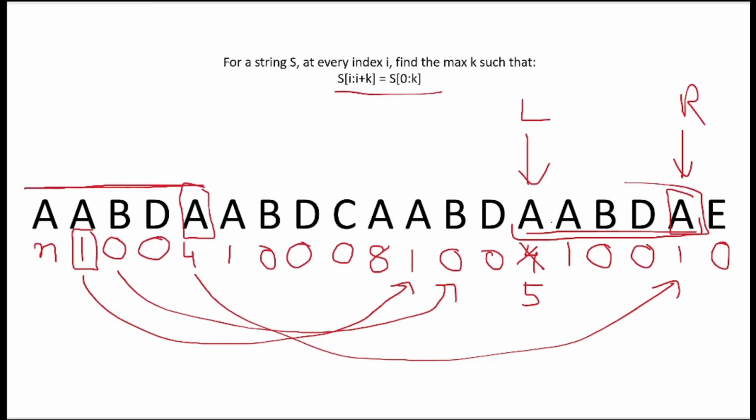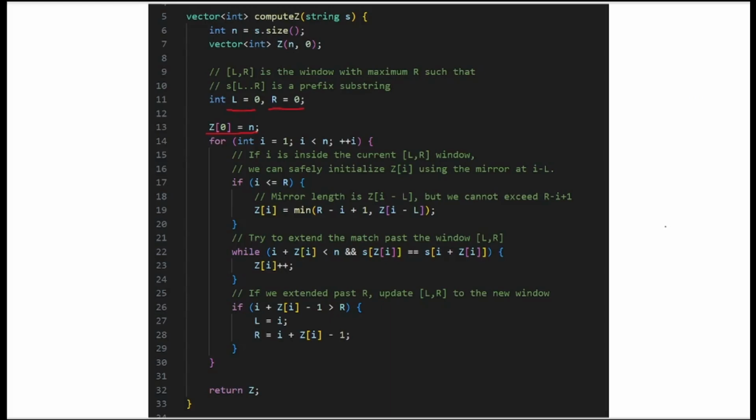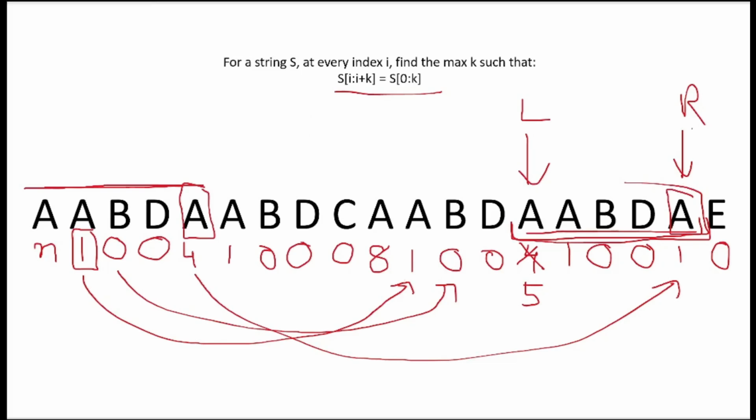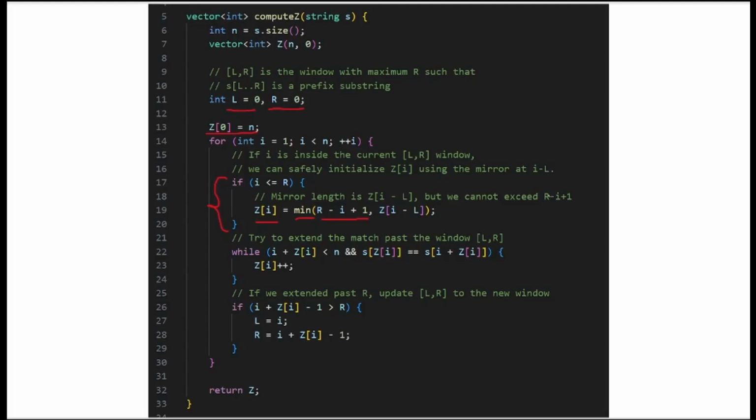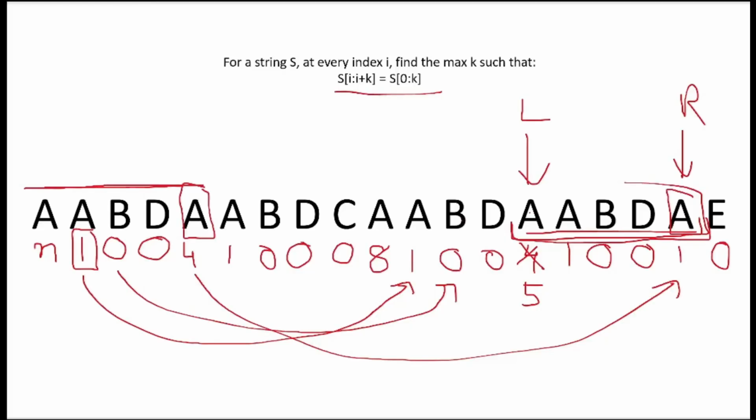If I is less than or equal to R, it means I is inside the range I'd already talked about. If it's inside the range, then Zi, the number that I'm writing below, is going to be the minimum of R minus I plus 1, which means the number of leftover elements from the right side, and the Z value that we copied over. Remember, if the number goes outside the range, we cannot consider it.